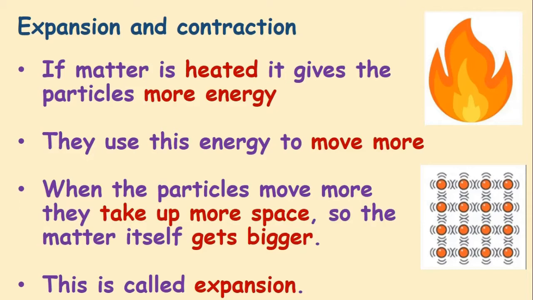When the particles move more, they take up more space, so the matter itself gets bigger. This is called expansion. So you can see on the picture on the right, the particles are vibrating a lot, and it means that they are taking up more space. They are more spread out.